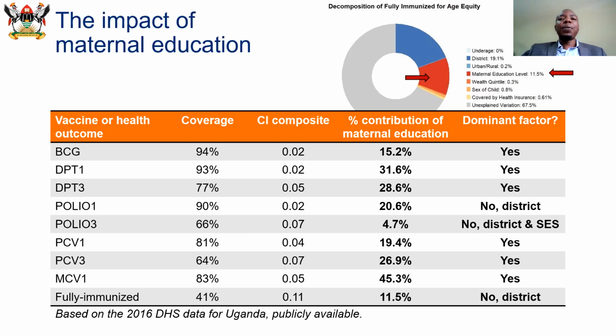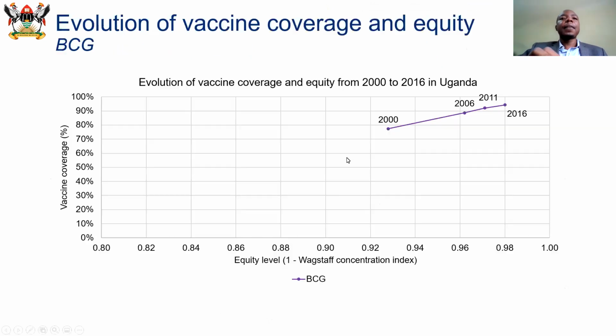It was only for polio and overall fully immunized status that we didn't see maternal education being the dominant factor. Okay, so in this slide, we also demonstrate variations in coverage as well as equity over the years, specifically using the UDHS data from 2000 to 2016.